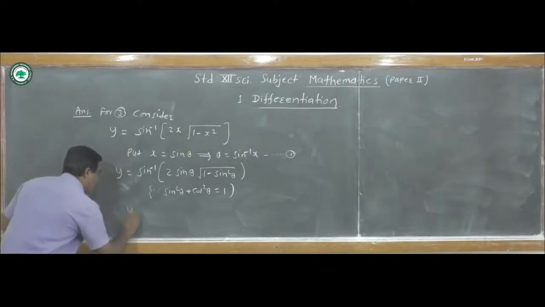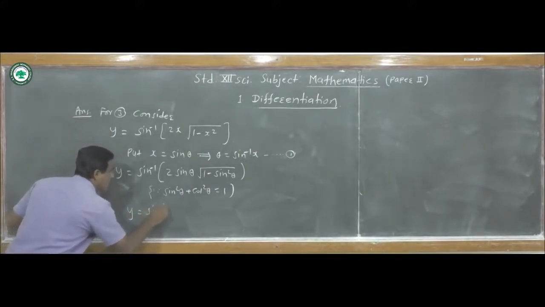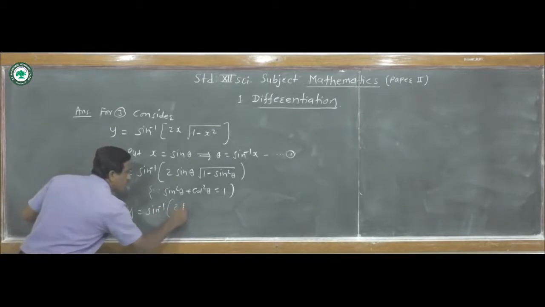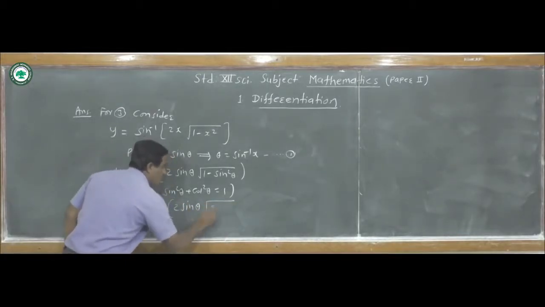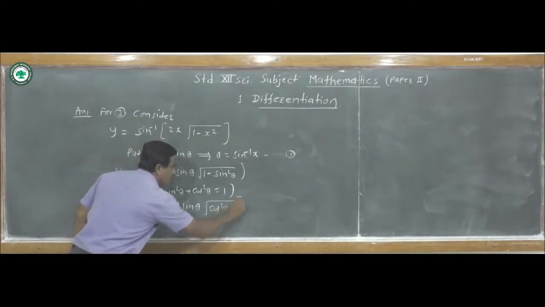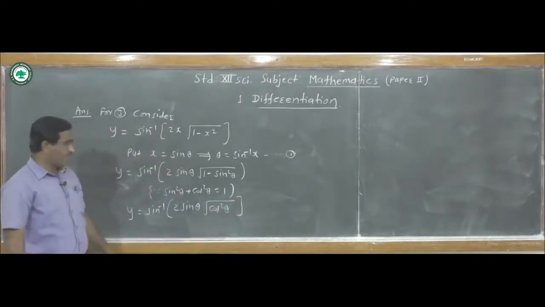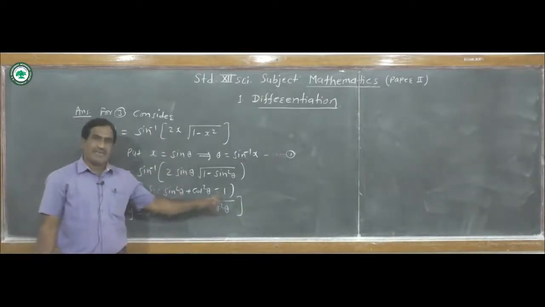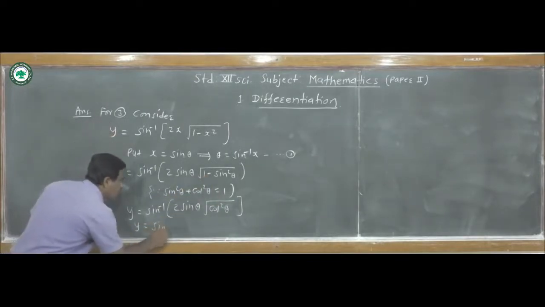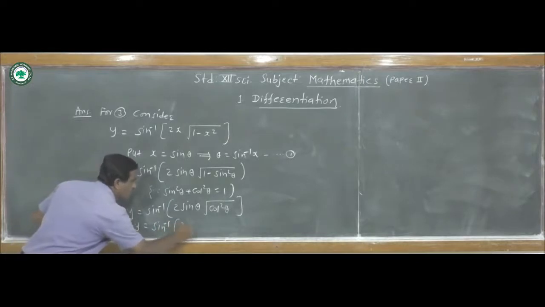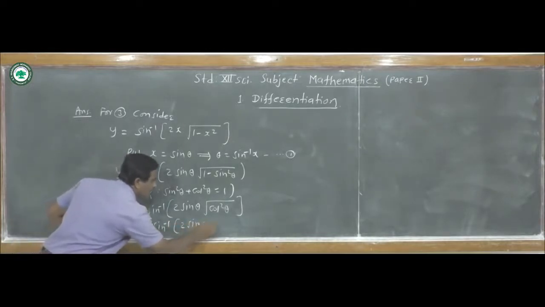Therefore, we can write here y is equal to sine inverse of 2 sine theta into under root cos square theta. Okay. Now here square root and square cancel out. Remains only y is equal to sine inverse of 2 into sine theta into cos theta.